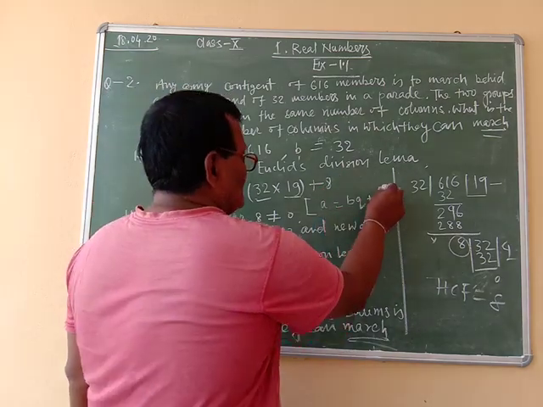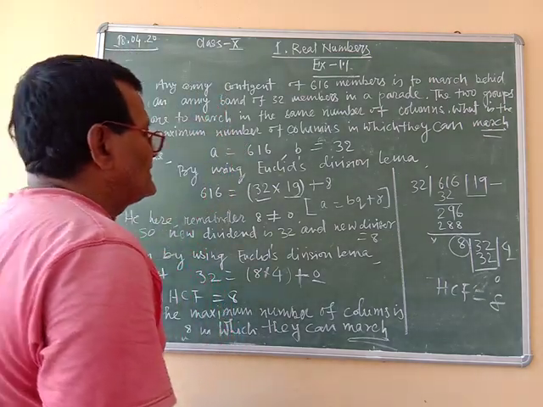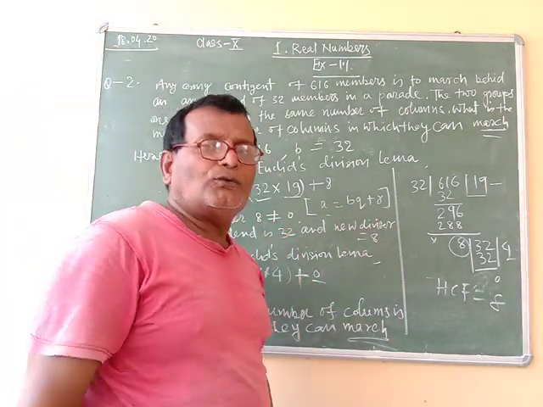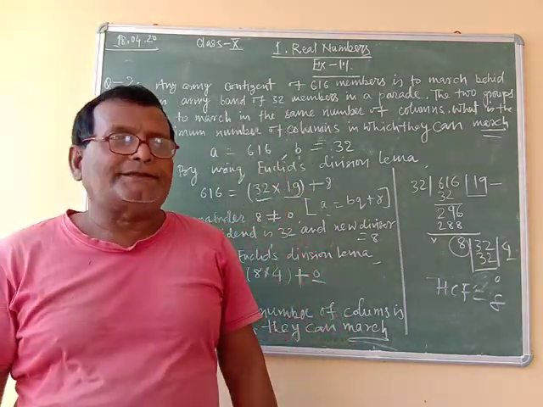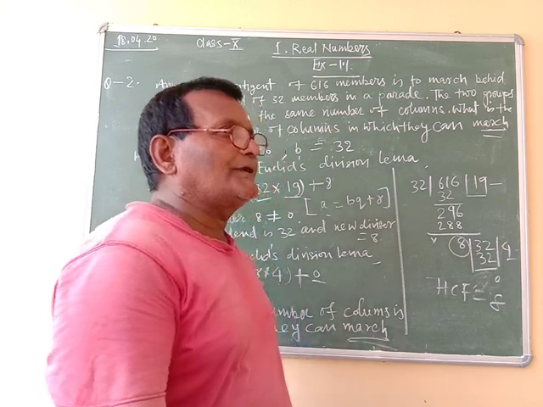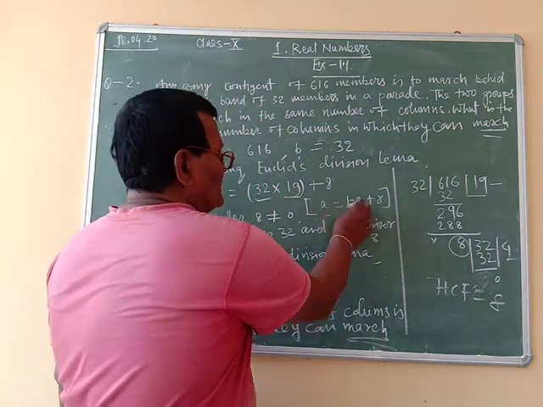Yesterday I had discussed Euclid's division lemma: for any given two integers A and B, such that Q is the quotient and R is the remainder, then A equals BQ plus R.